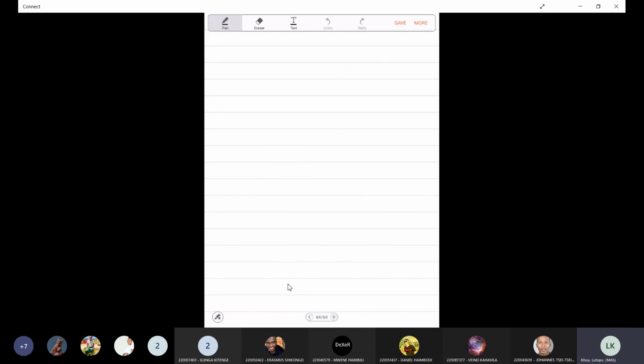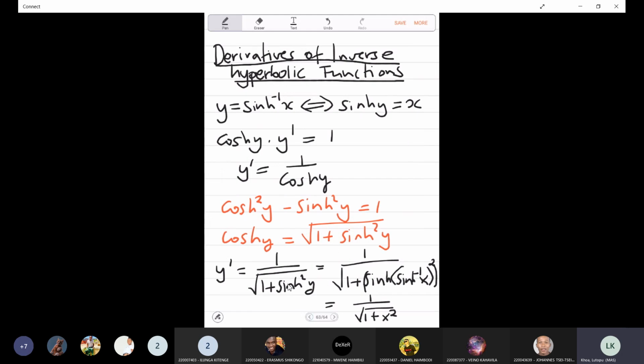Okay, so first, like I was saying, this one, if you remember, the derivative of sine inverse was 1 over the square root of 1 minus x squared. So you can see that the only difference between this one and sine inverse is the sign over here.